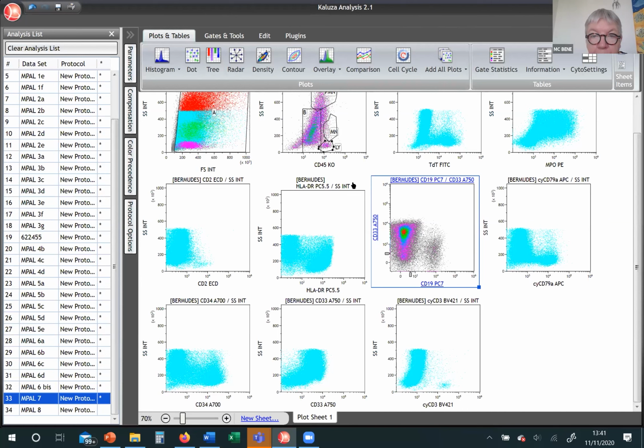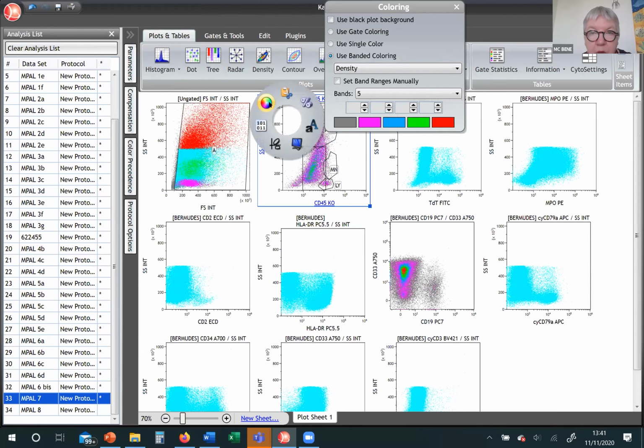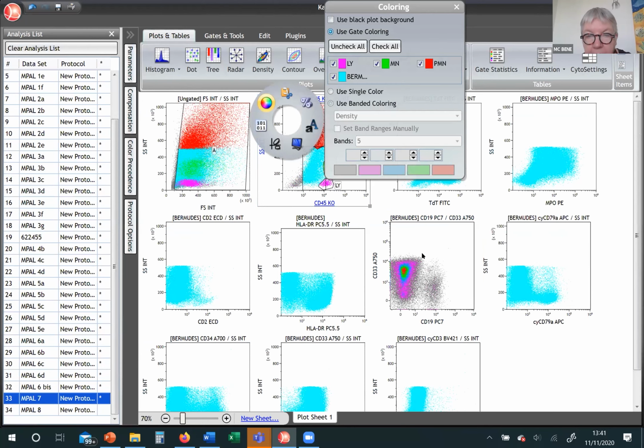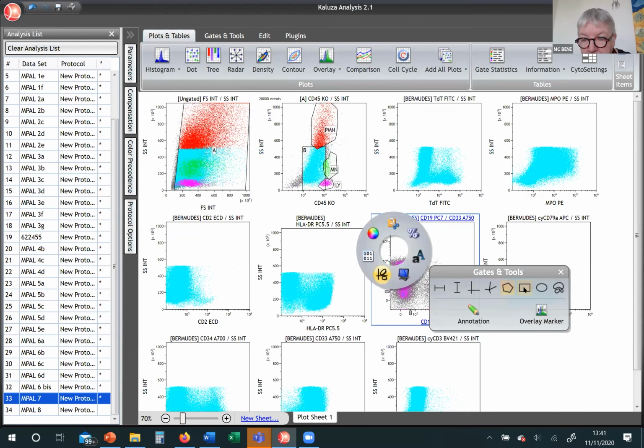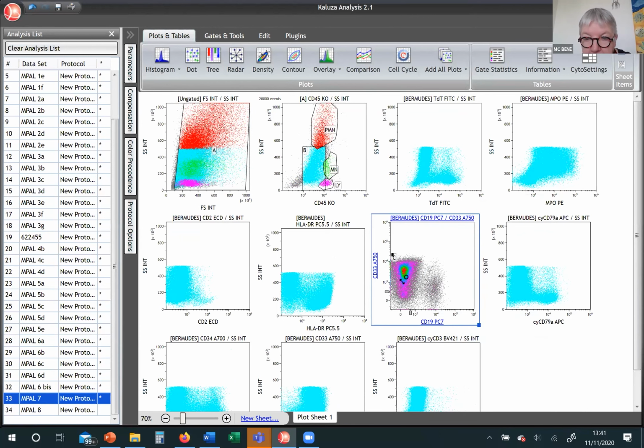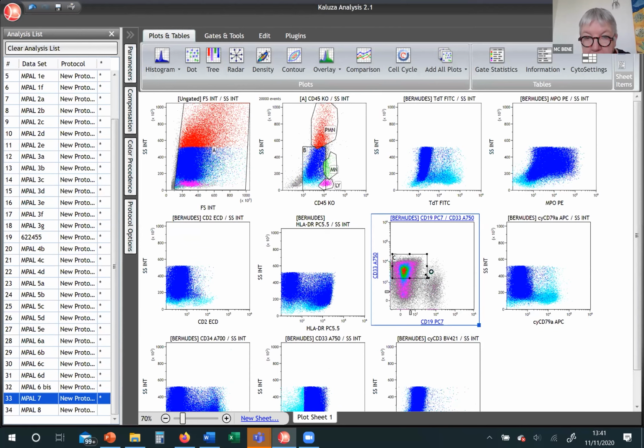And funnily enough, you don't really see these 2 different populations here when you do the density plot. So let's try to make some color to see where they are. So if I put that back into the color gate, and if I make a box around my myeloid compartment here, I see that it's almost everyone still.